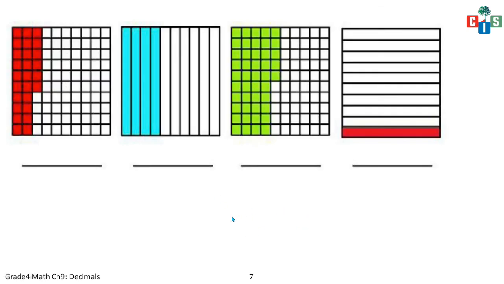So guess how you will write this. This is 10, 20 and 26, so this is 0.26. Clear? Now moving on to the next one. This is divided into 10 and only 4 is colored, so it is 0.4.